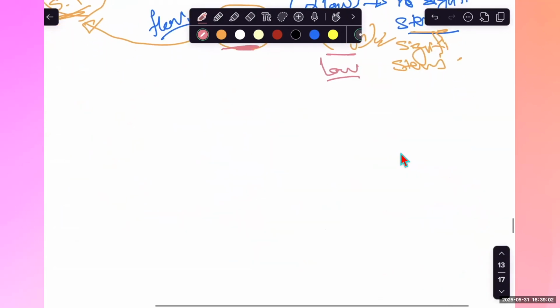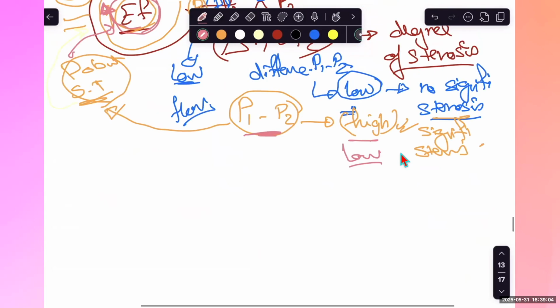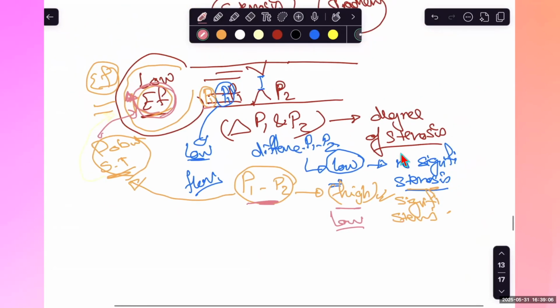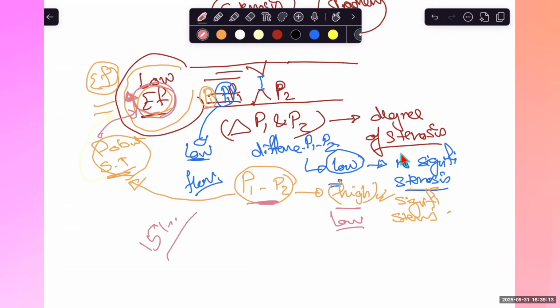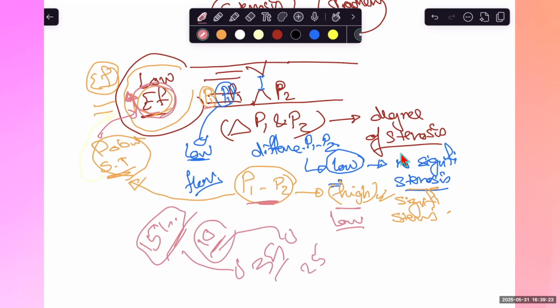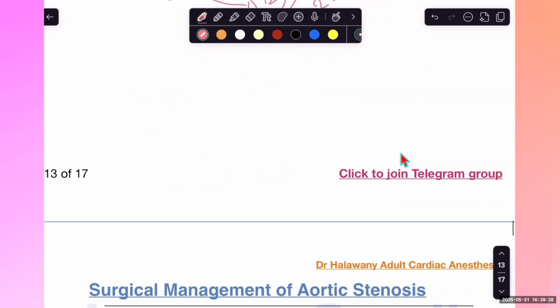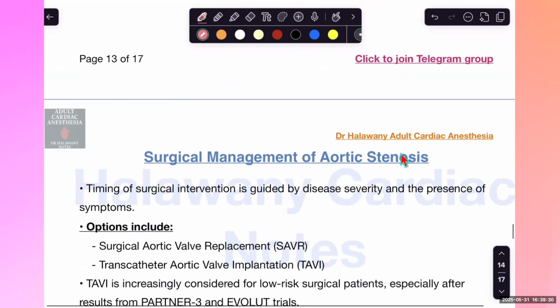You will usually see it in the echo report. They will say ejection fraction 15%, for example, with a gradient of, for example, 10. Then we do the dobutamine, it increases the ejection fraction to 35, and the gradient is 25 now. So this is a low flow, and there is a true stenosis.